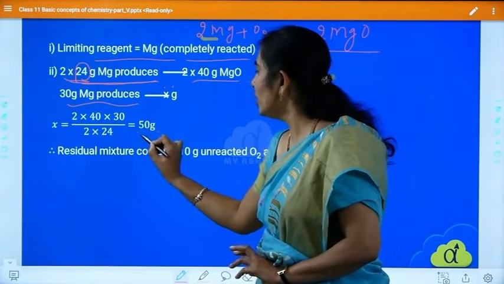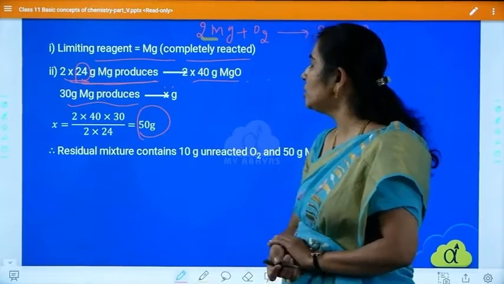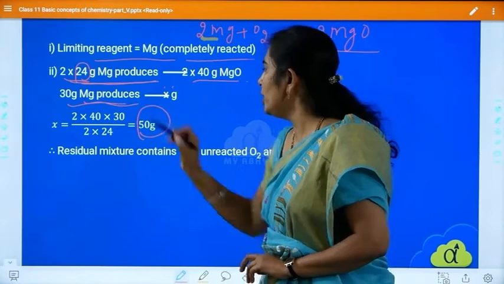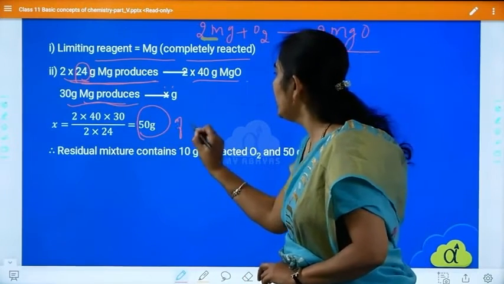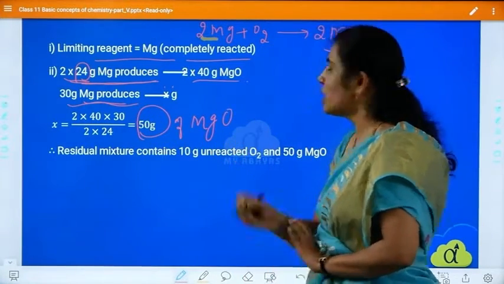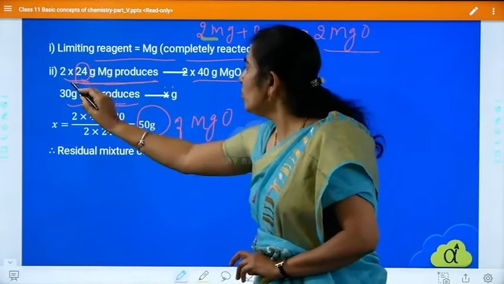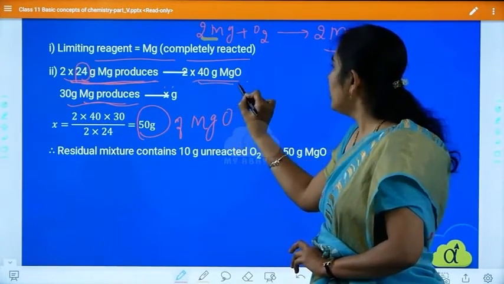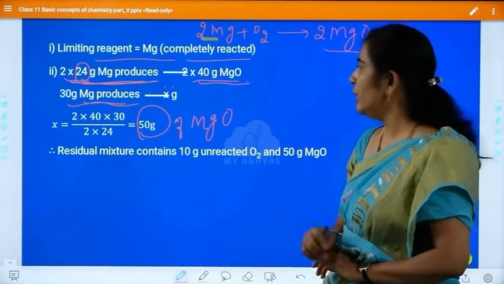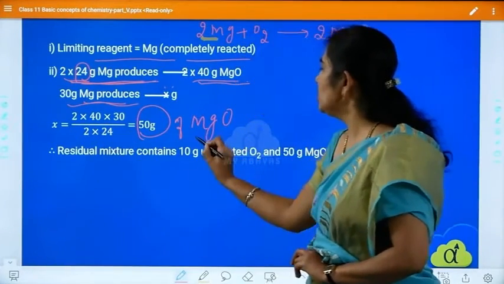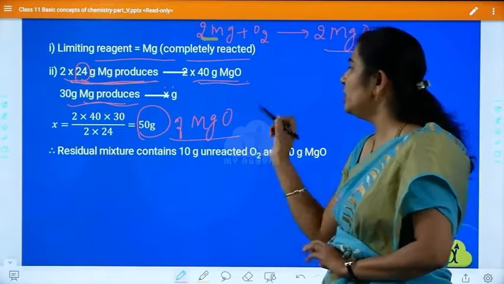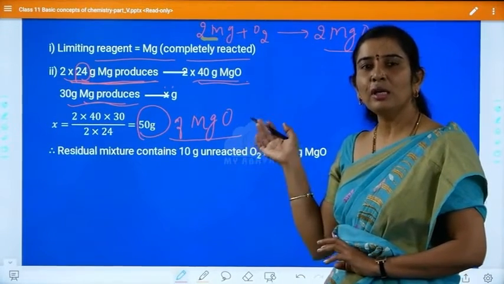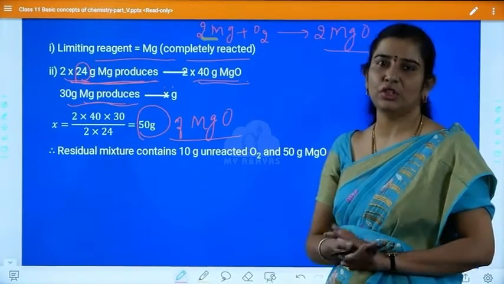Like this you can calculate, and you are going to get 50 gram. So 30 gram of magnesium produces 50 gram of magnesium oxide. If 2 moles of magnesium produces 80 gram of magnesium oxide, then X amount of magnesium produces 50 gram of magnesium oxide. Like this you can do the chemical analysis with respect to composition.